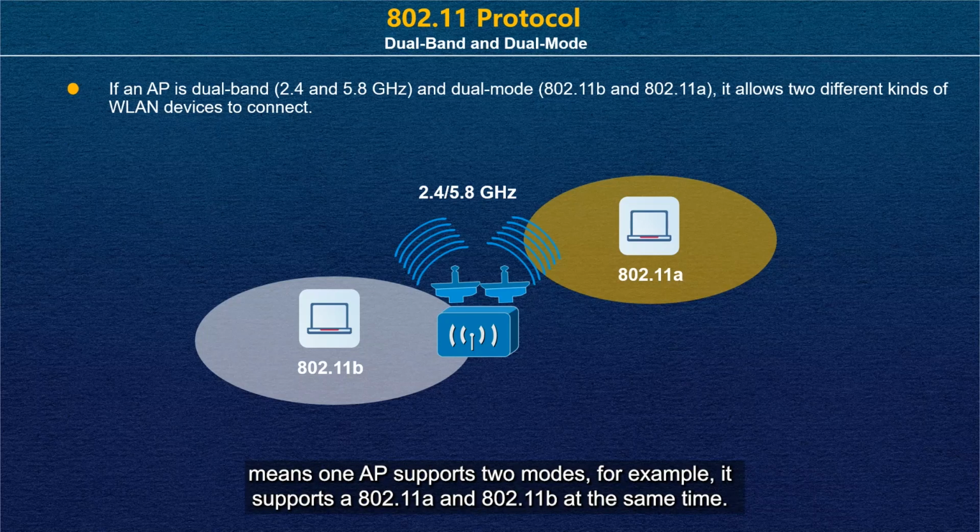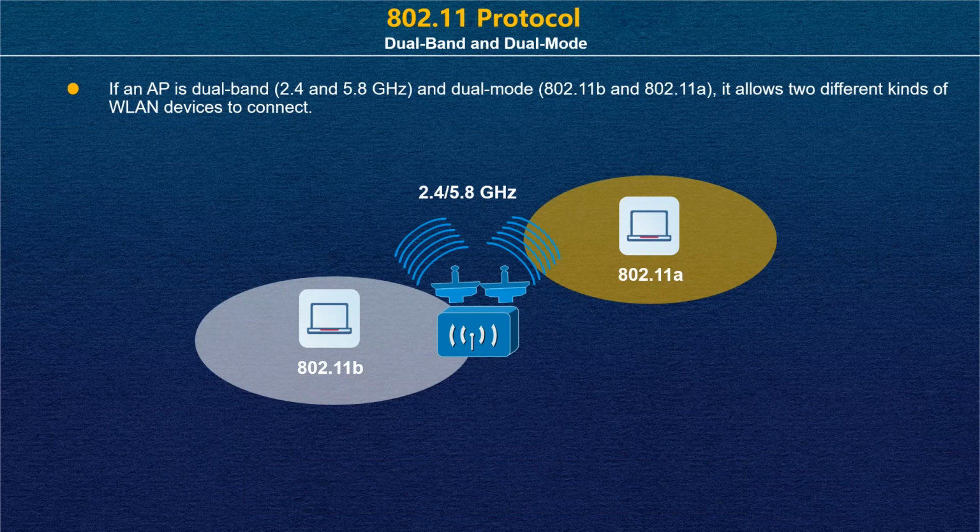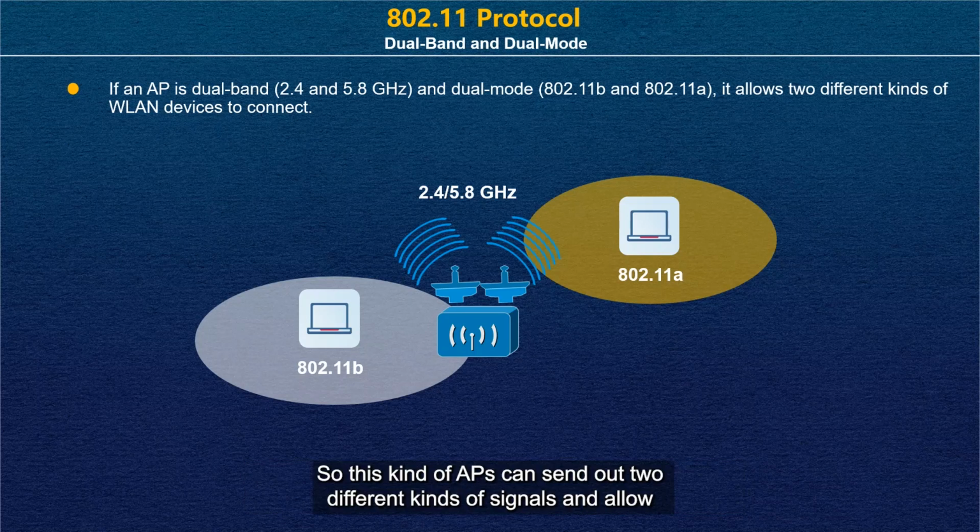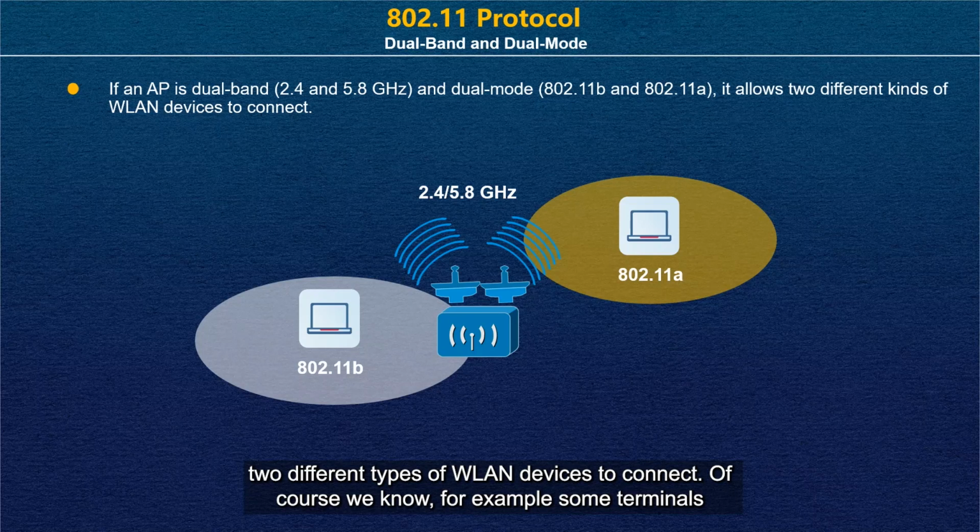Whereas dual mode means one AP supports two modes. For example, it supports 802.11a and .11b at the same time. So this kind of AP can send out two different kinds of signals and allows two different types of WLAN devices to connect.